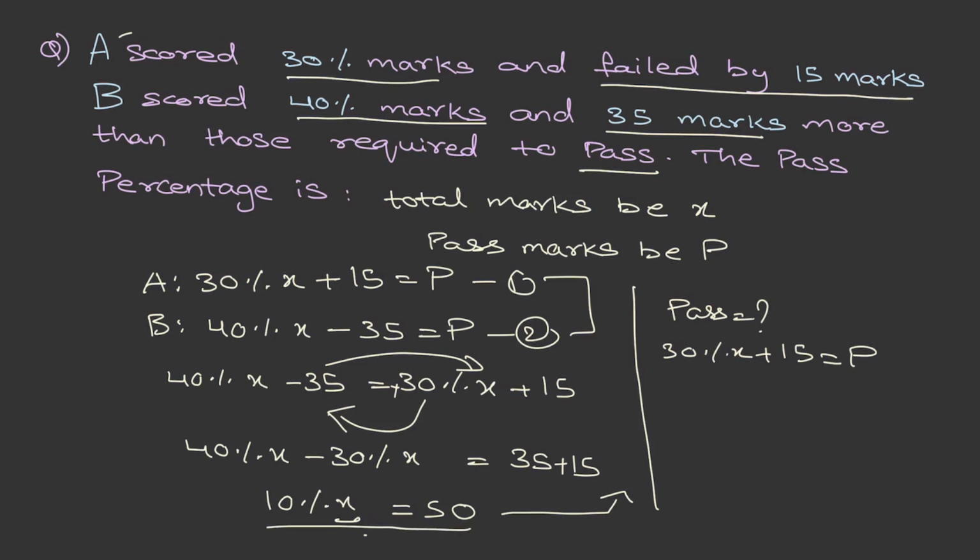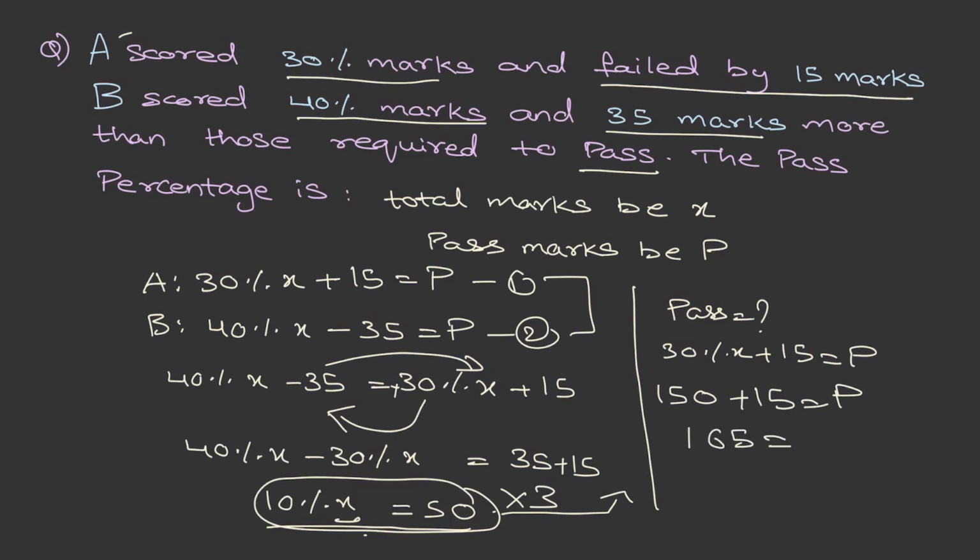Then 30% is given by this one into 3, which is 150. 150 plus 15 gives us pass marks. 165 is equals to P. So 165 is the pass mark for that exam.